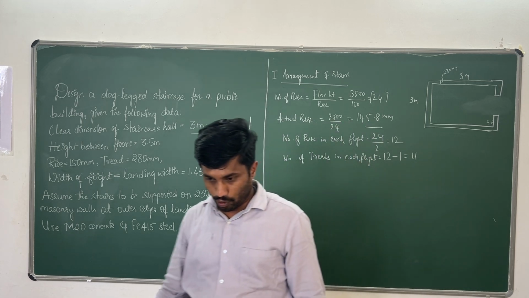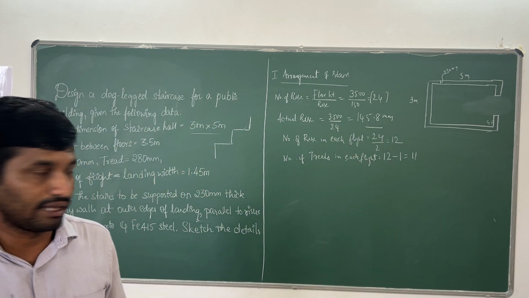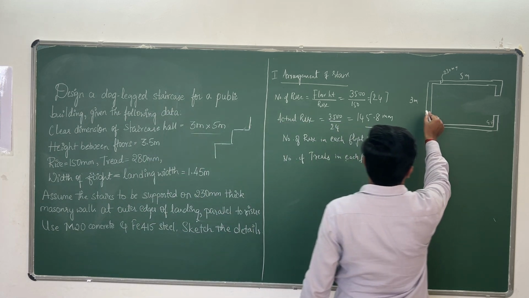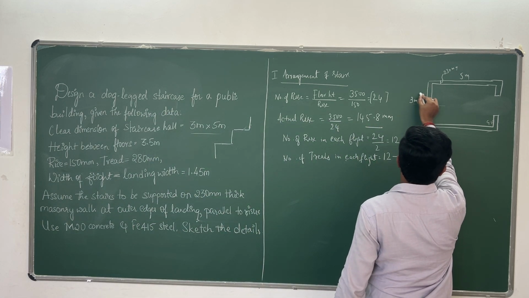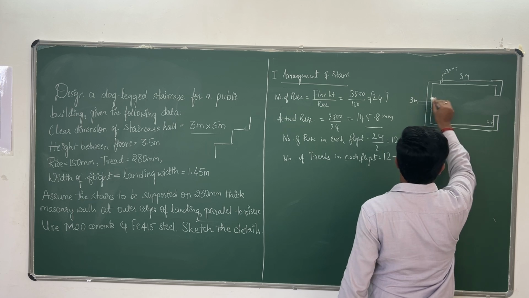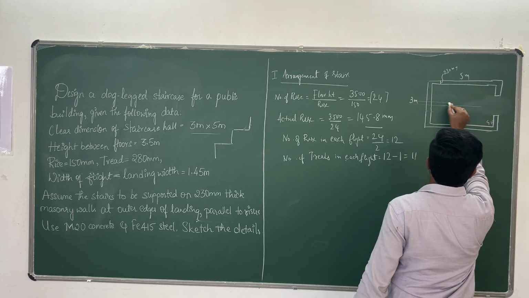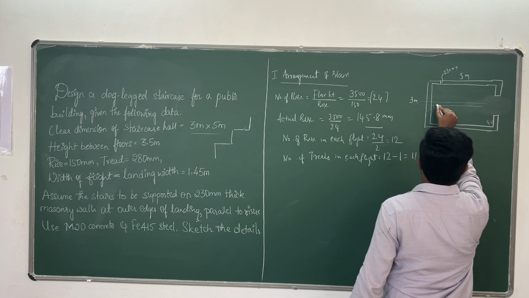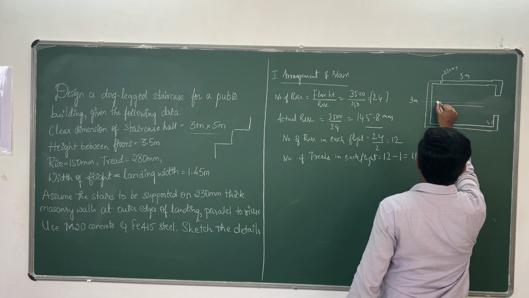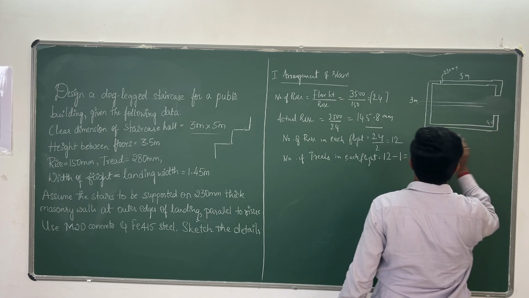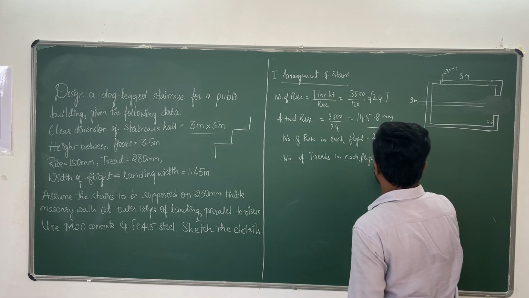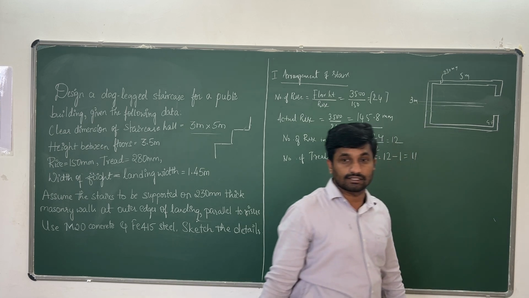The landing width is 1.45 meters. So here you just provide a landing width of 1.45 meters. So total 5 meters. So the number of threads is 11, right? Number of threads is 11.